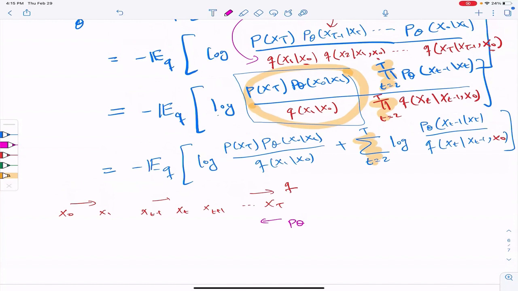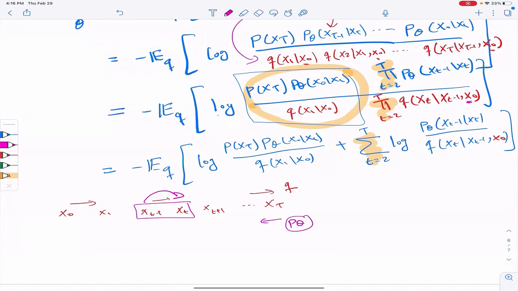But naturally, I'm going to have some sort of index mismatch. Because, for example, if I look at these points, Q is what? Q xt given xt minus 1. Further, I always have a conditioning on x0 for the Q, for the forward process in my equation.